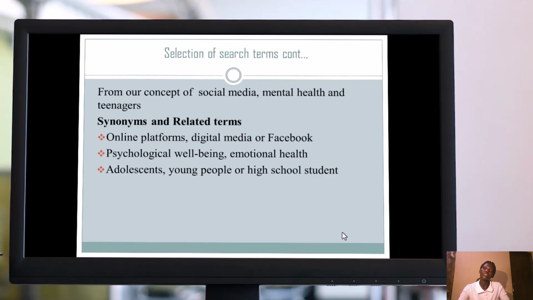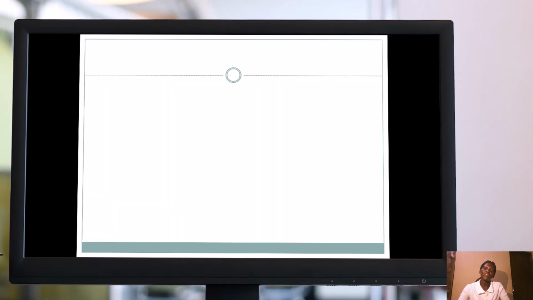Like psychological well-being and emotional health can mean mental health. So you'll find that in some sources of information the authors have used different words. This will help us to collect all the different information from the database so that we are able to get the accurate or the real information that we have targeted.